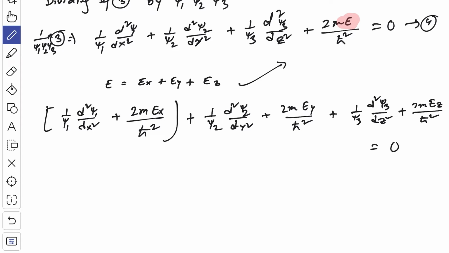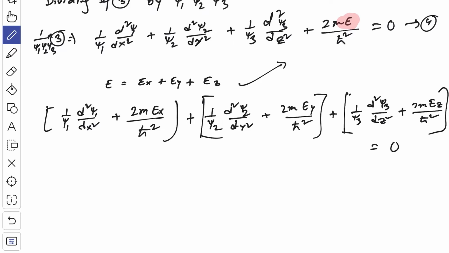Okay, so this equation gives three independent equations, and what are those? The sum of these three can be 0 only if they are individually equal to 0.